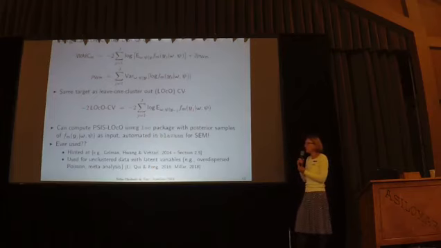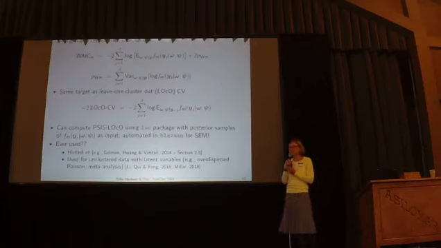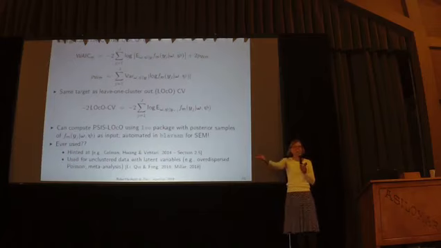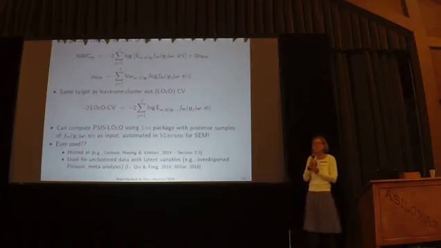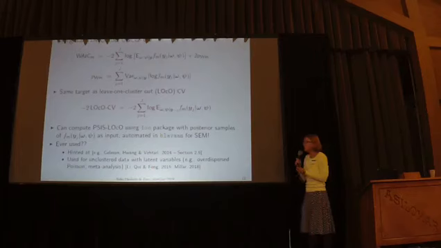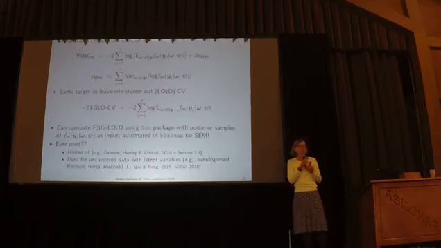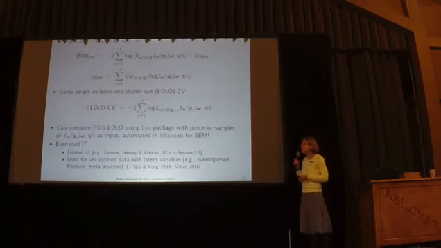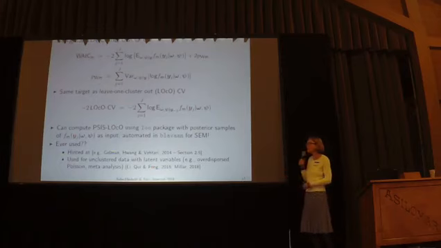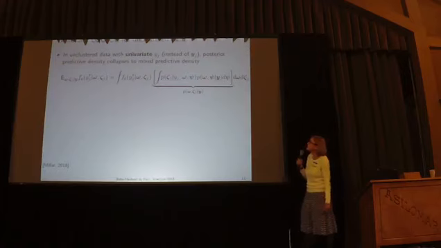But as far as we know, it hasn't really been used for clustered data. But there are so many people in the audience, so maybe somebody can correct me on that. You will see an application of this to clustered data presented by Dan in a minute. But before that, I want to make a few comments about the special case of unclustered data, just two slides before he takes over from me.